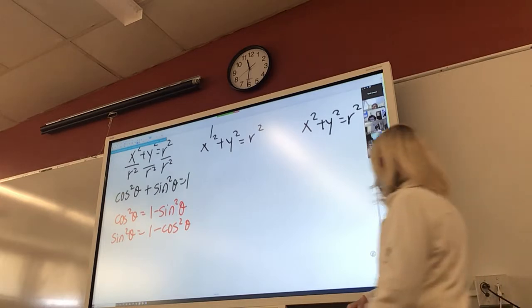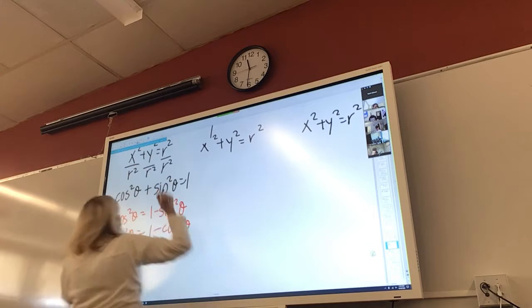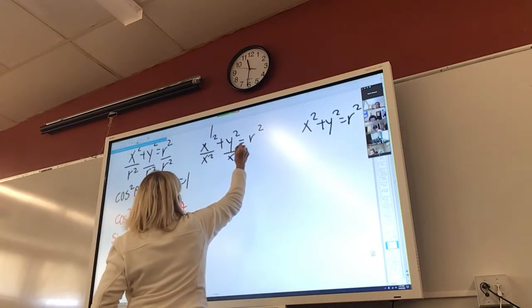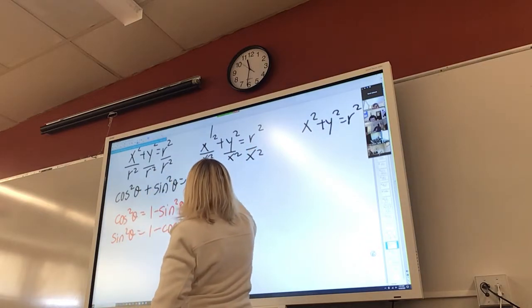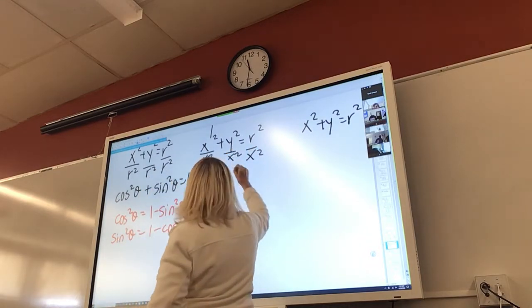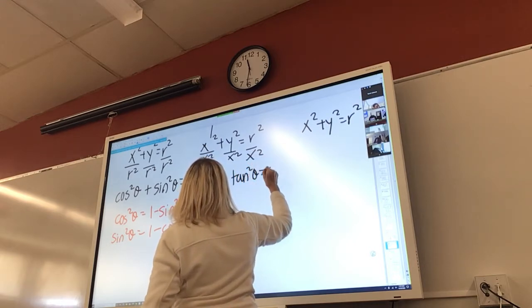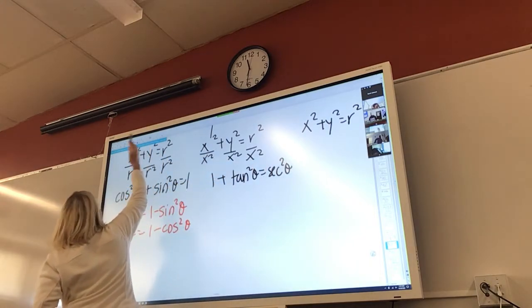All right. Next. Just like I divided by r, I'm going to take this one and divide everything through by x. And when I do that, I get 1 plus y over x is tangent, and r over x is secant squared. Are you remembering this from last year now?